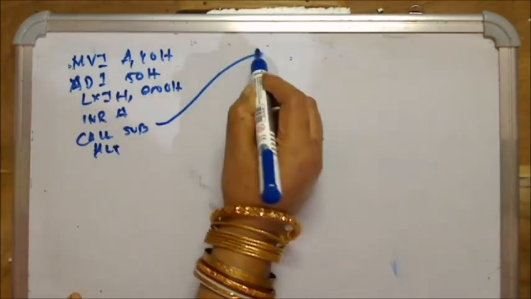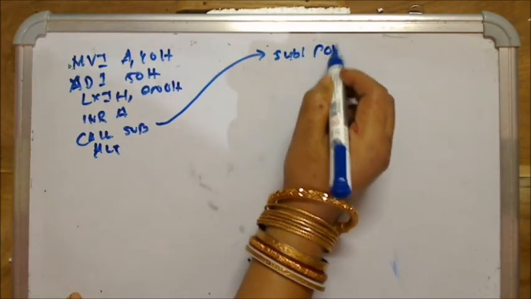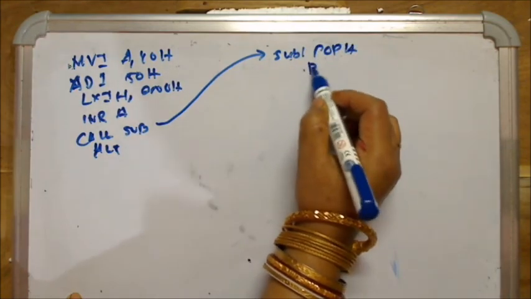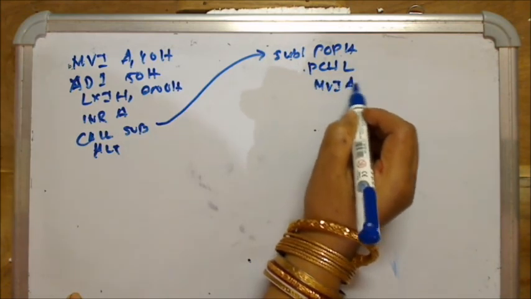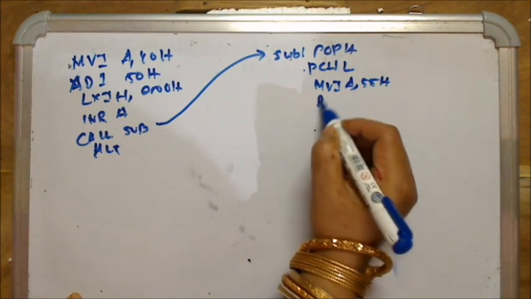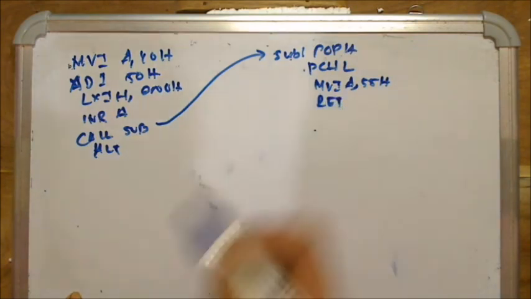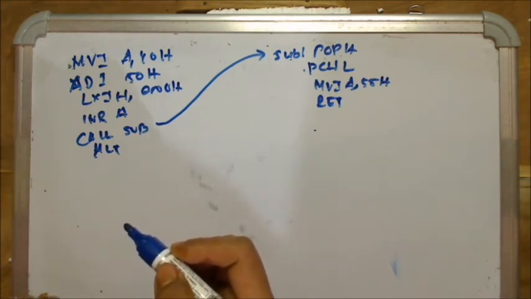The subroutine is POP H, then PCHL, and then MVI A, 55H, and then return. So what is the value of A? Maximum, you will say the answer is 55.